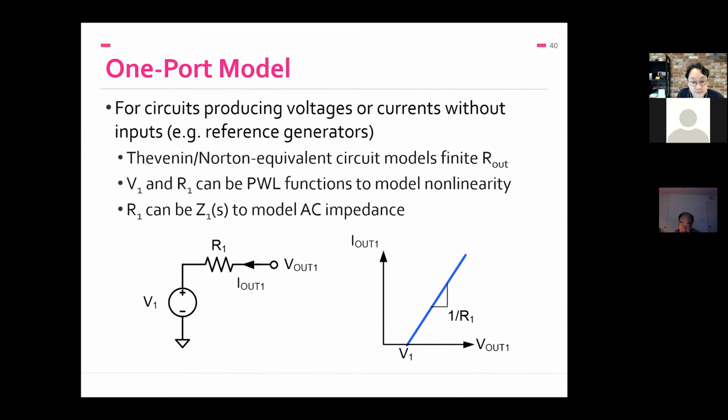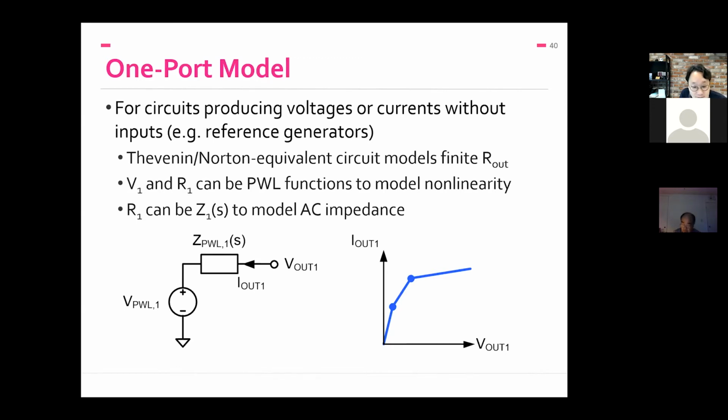For example, if this is a current source made of a transistor, depending on V out, you may have different current, and if V out is too small, then the transistor will fall into the linear region, and it may eventually turn off. So each of these voltage and resistance can be a piecewise linear function, the same way we modeled the transistors in the previous slide. And of course, in general, to model any AC impedance, like AC dependent behavior, this resistance can be an impedance described in the S-domain transfer function. Okay? So that's our one-port model.